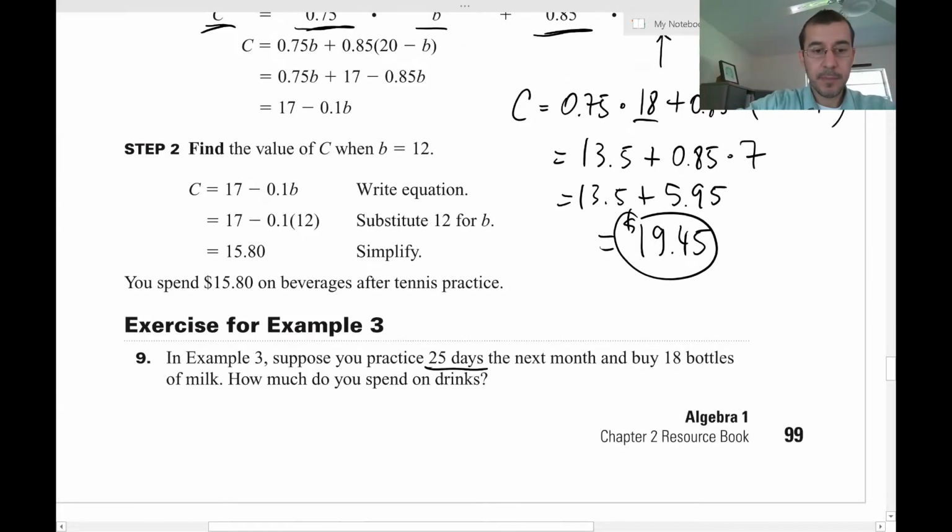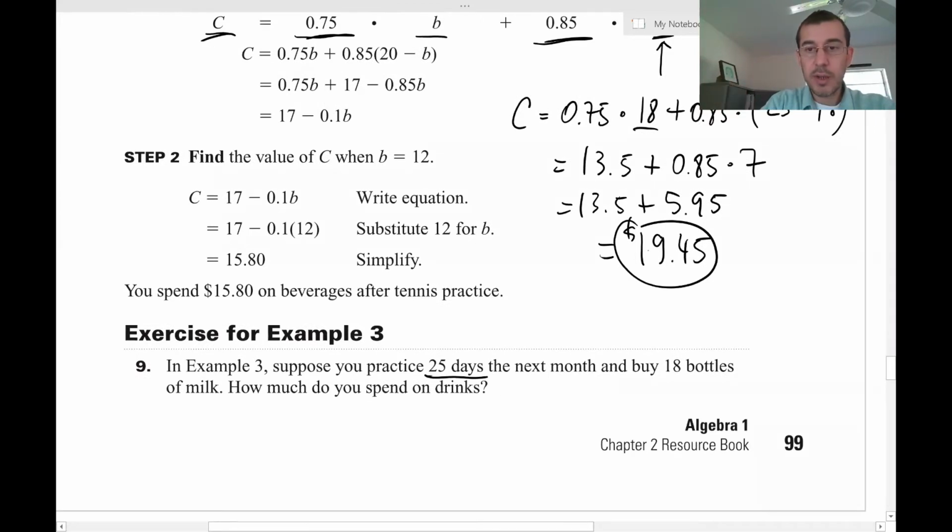So how much do you spend on drinks? $19.45. Okay, and that was number 9.